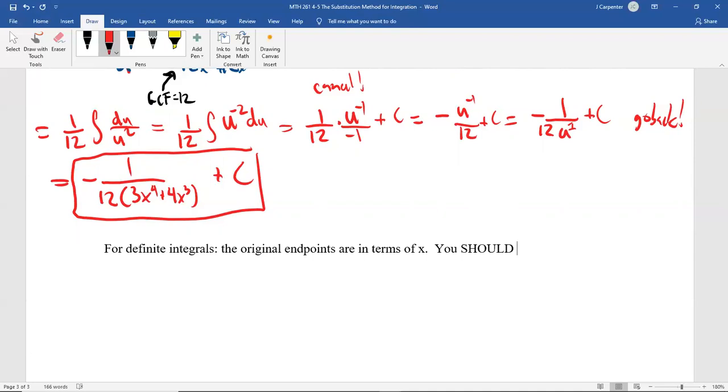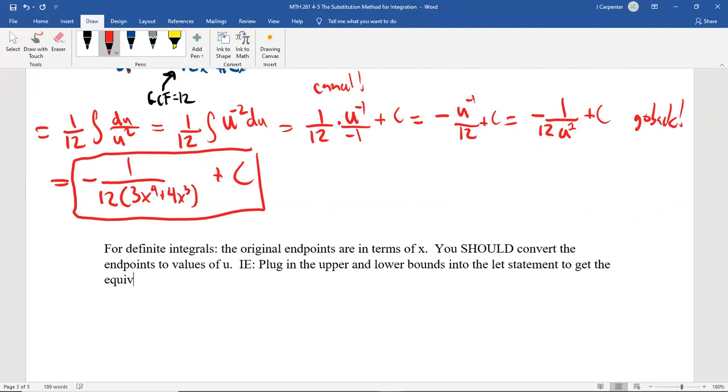So you should convert the endpoints to values of u, i.e., plug in the upper and lower bounds into the let statement to get the equivalent u value. So when I tell you to integrate from 0 to 5, those are in dollars.